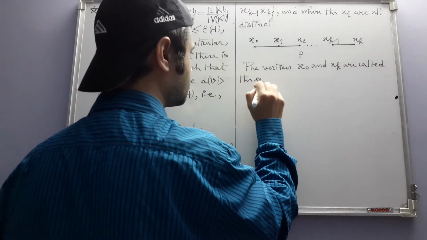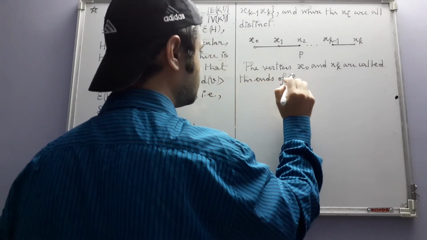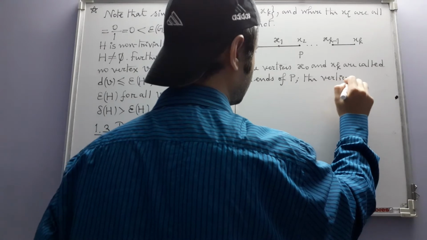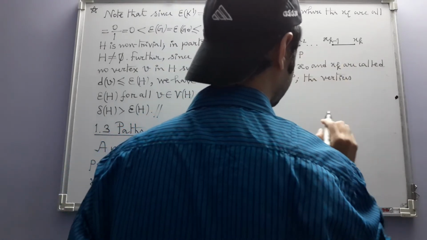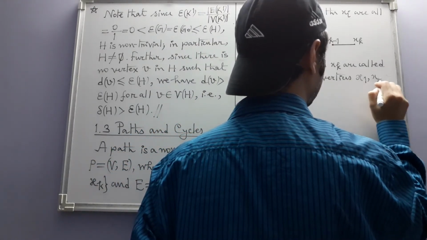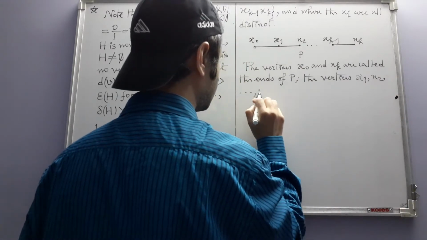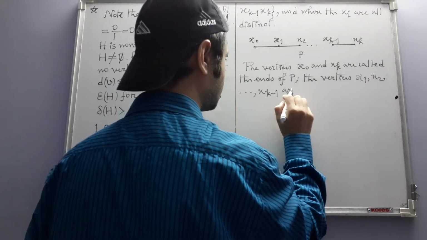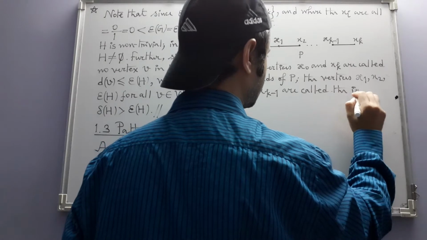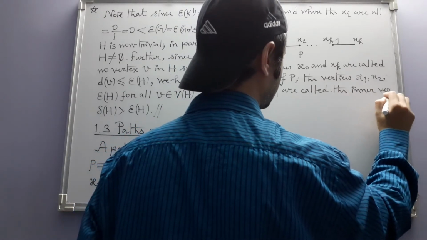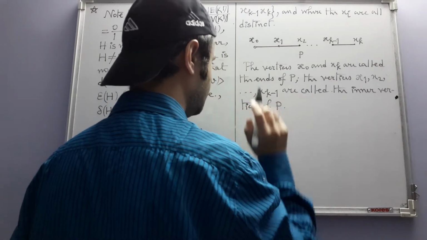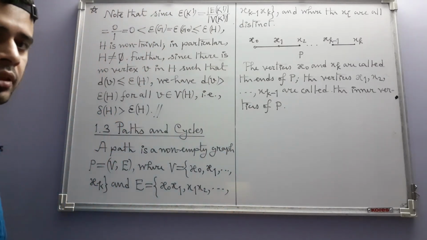Called the ends of P, whereas the vertices that lie between x0 and xk are called the inner vertices of P. Quite natural names.